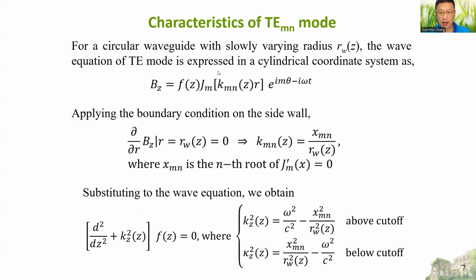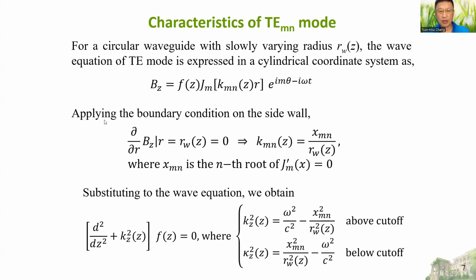Bessel function, and the argument is a function of Kmn(z) times the radius of the circular waveguide times exponential i m theta minus i omega t.